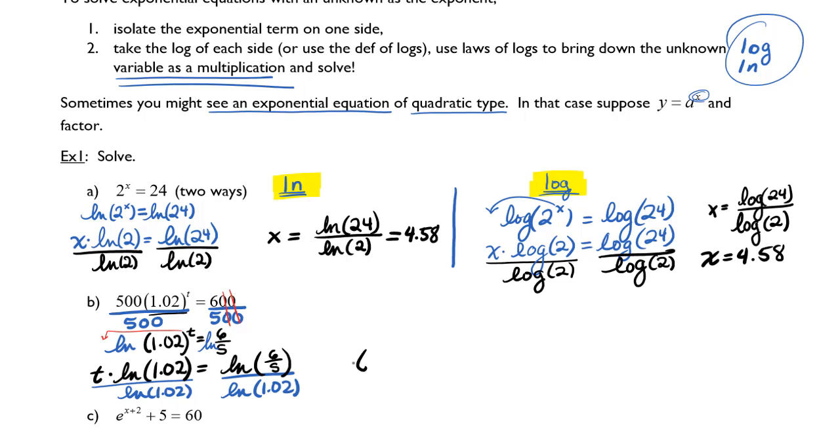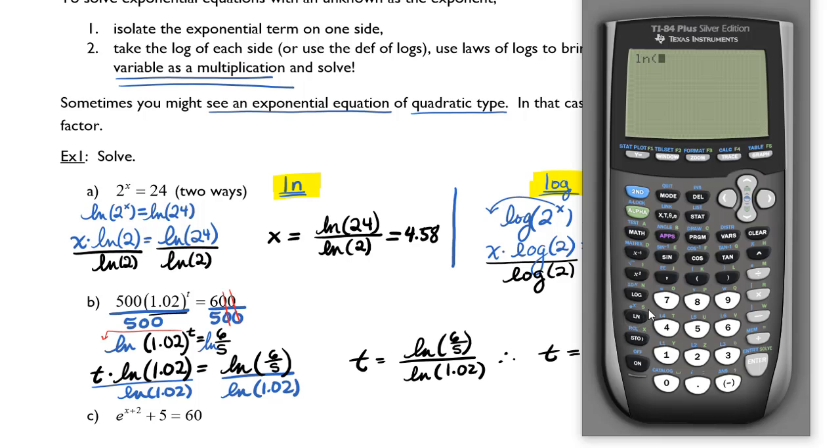And I get t is equal to the natural log of 6/5 divided by the natural log of 1.02. The natural log of 6 divided by 5, close paren, divided by the natural log of 1.02, close paren. And I get 9.21.